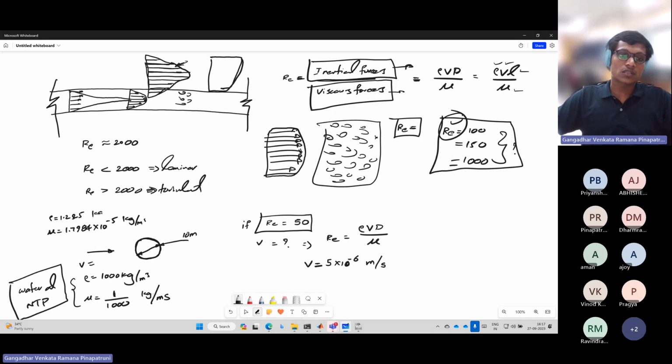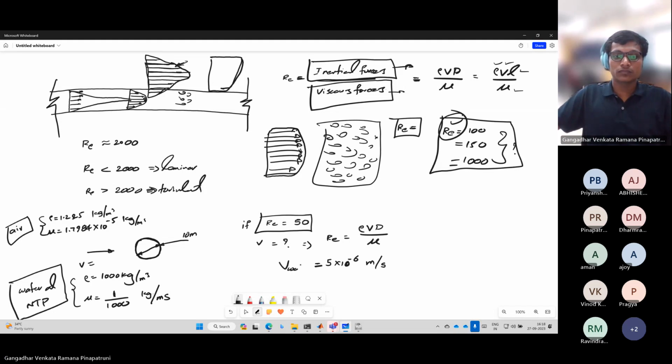These correspond to air. Taking these two for air and Reynolds number as 50, what will be the velocity? This is 1.225.